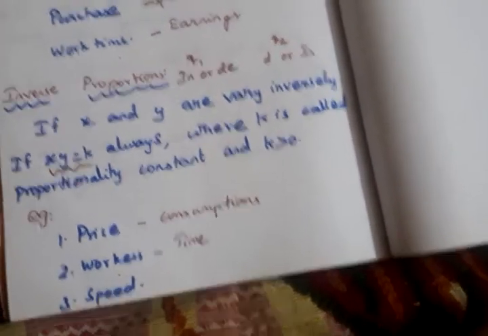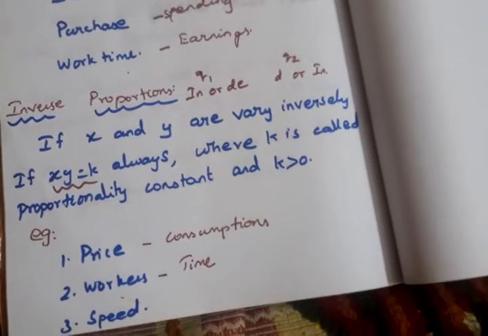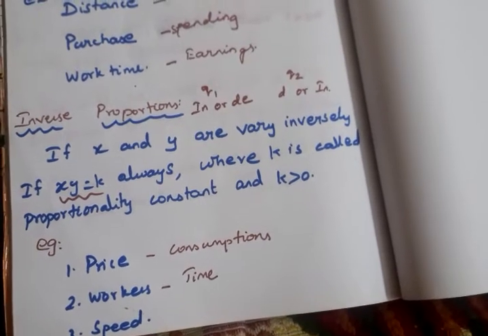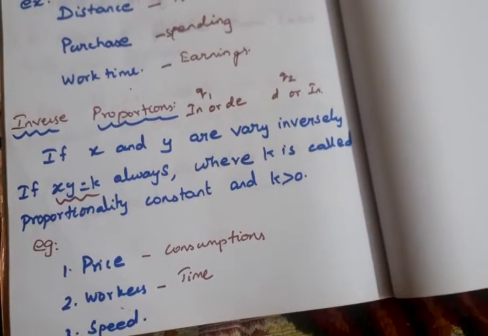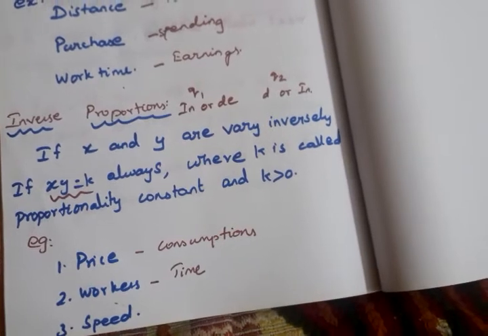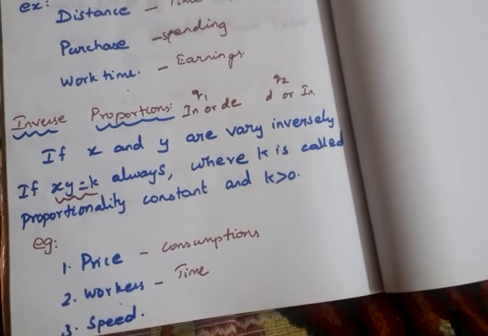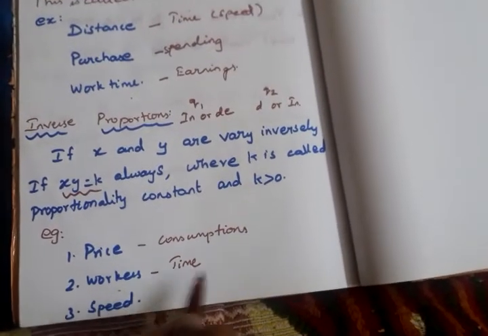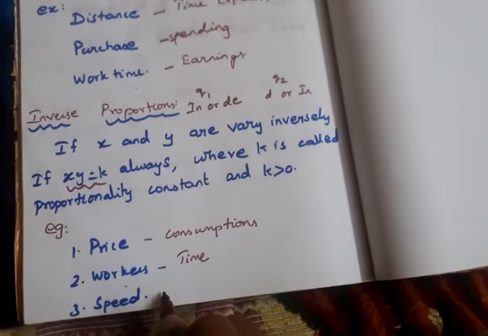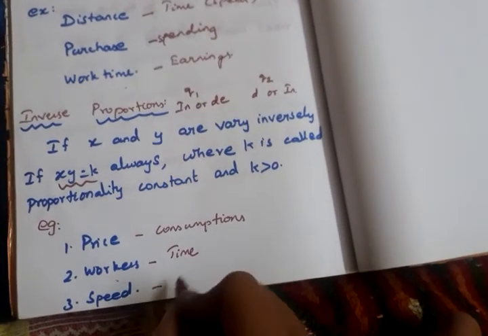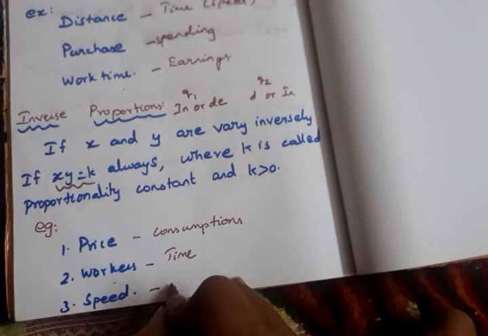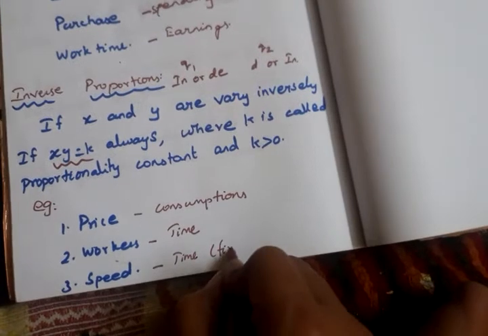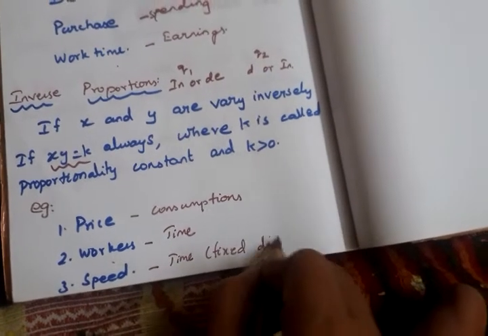Speed and time, already know that. If we travel with less speed, then the time taken to cover a given distance will be more, and vice versa. So for example, price and consumption, workers and time, speed and time, with fixed distance.